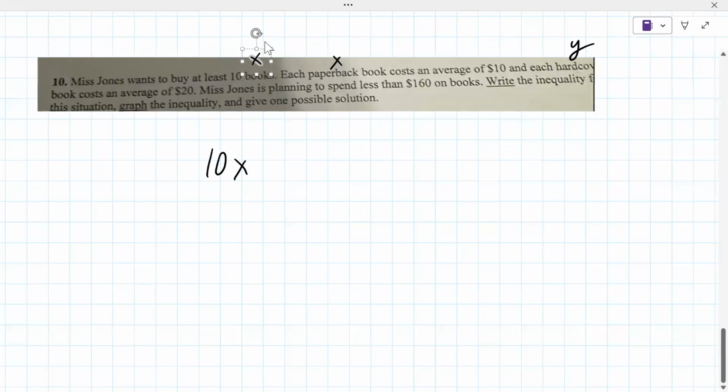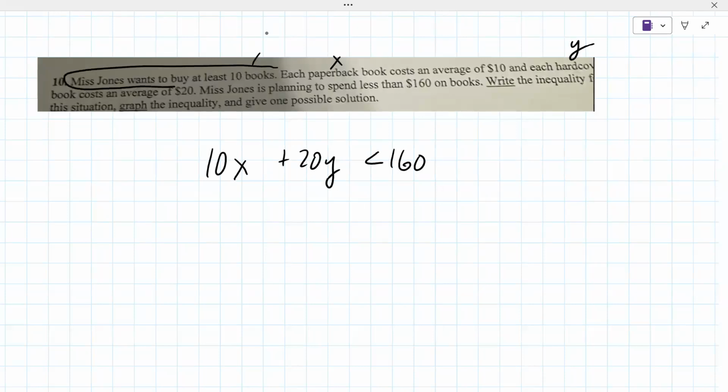So you have 10x plus 20y less than 160. But there's one other inequality here. What does this part say? How would you turn that into an inequality?